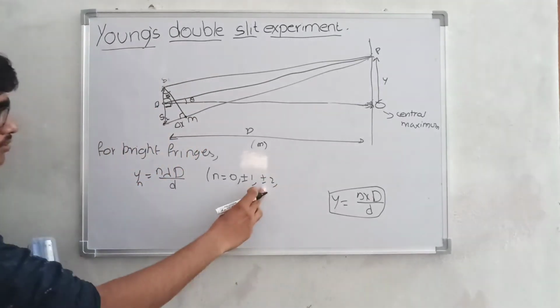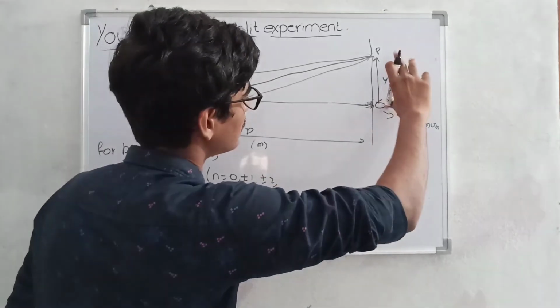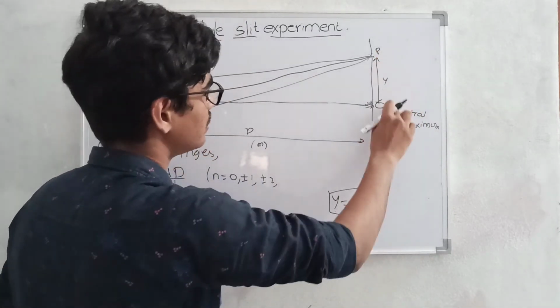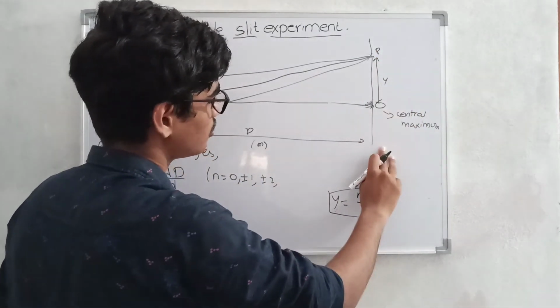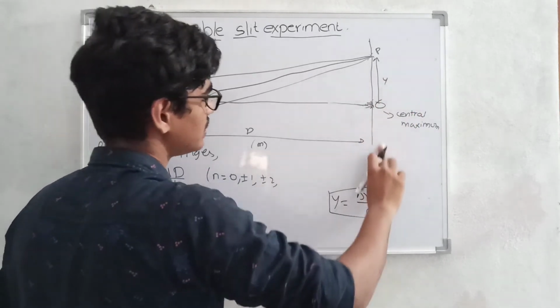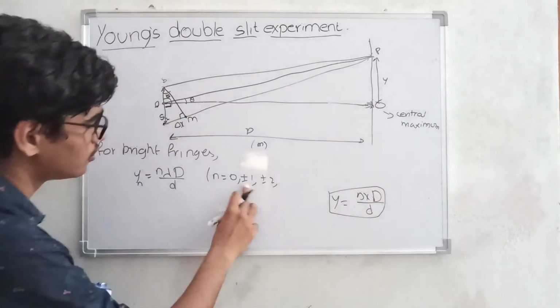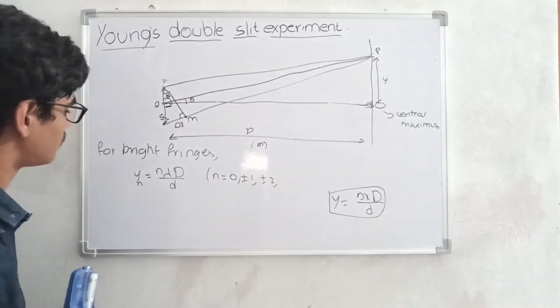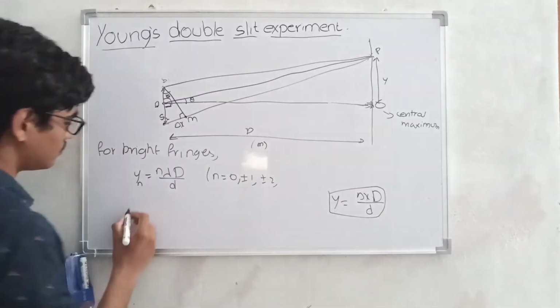Here we use plus or minus because the pattern above the central maxima is similar to below the central maxima. So we consider this as positive position and this as negative. So we use n equal to plus or minus 1 and plus or minus 2.